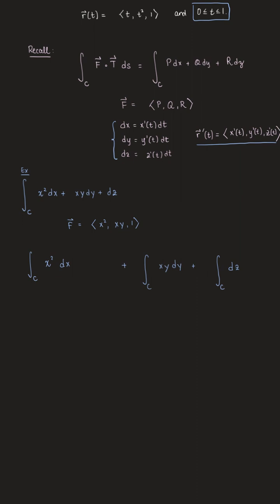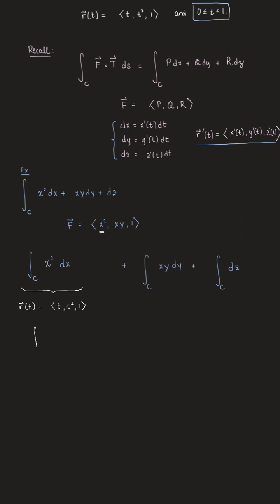First, if I want to change this to an integral with respect to t, well, x squared is the x component of the vector field. We can use our vector function to write that component in terms of t, since our vector function is t, t squared, and 1, and every point on the curve, its x-coordinate is just t. So x squared is going to be t squared.